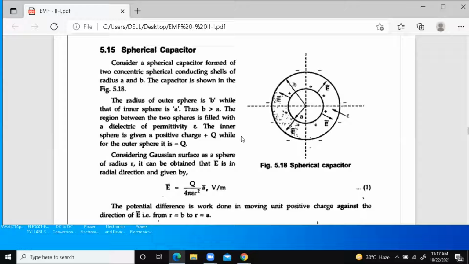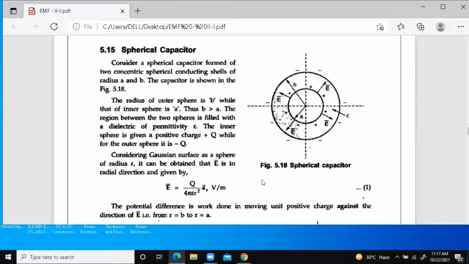Now, from the point charge, E equals Q over 4 pi epsilon R squared, in the a_R direction, volts per meter.